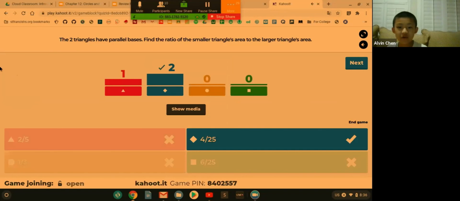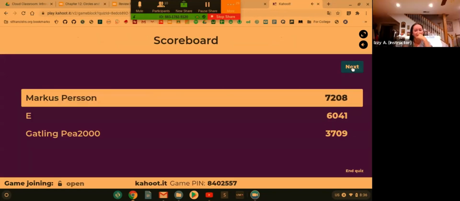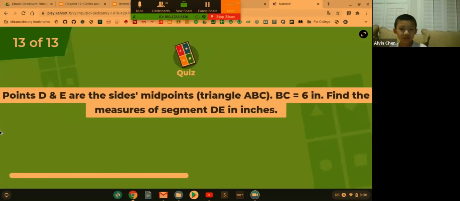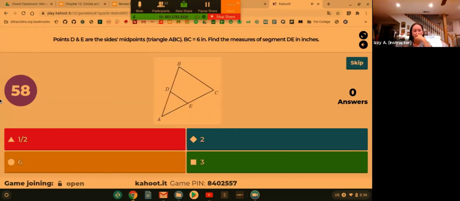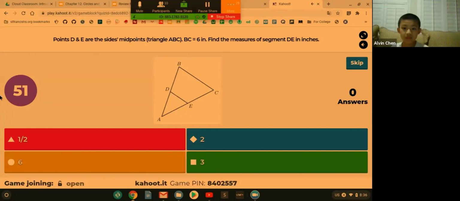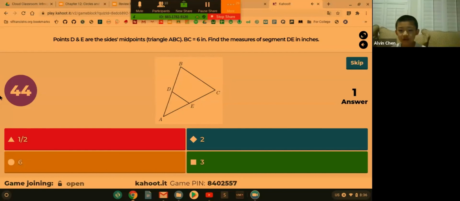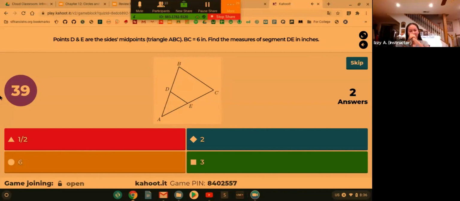Who chose red? I told you. Oh, you chose red. Told ya. Whoever chose, yeah, Kessler, I told you not to choose red.